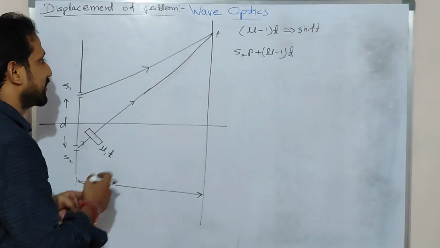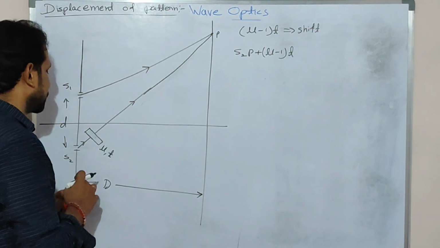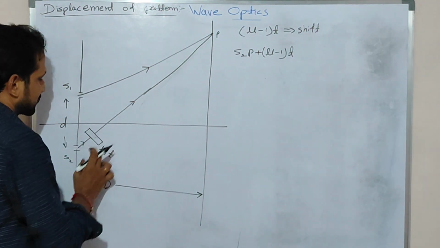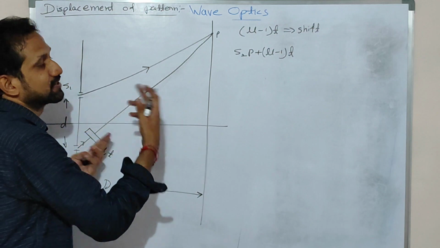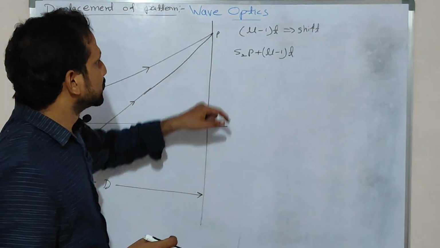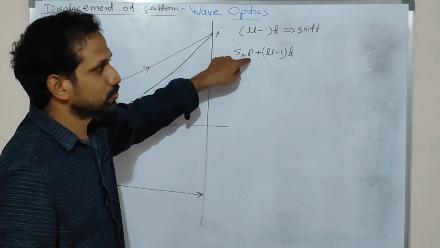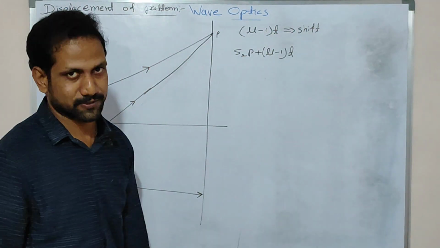In space, the distance from S to P is fixed, but when you introduce a film like this, for light there is some extra distance. That extra distance is mu minus 1 into t. So that extra distance should be added to the actual distance: S2P plus mu minus 1 into t.